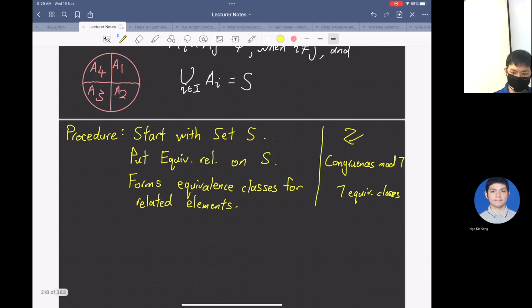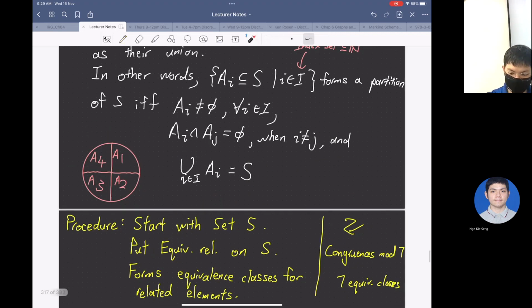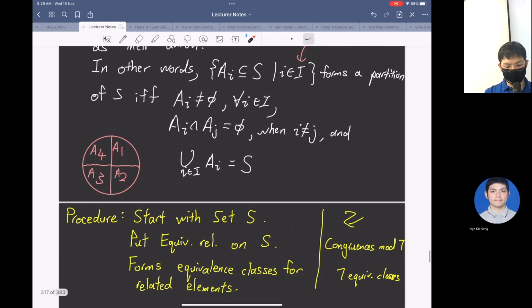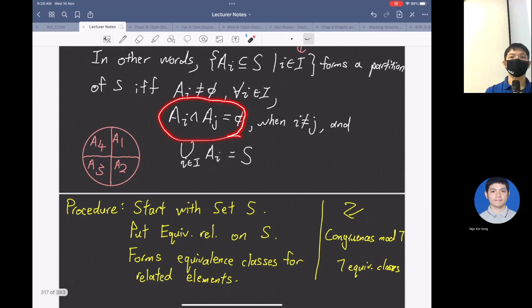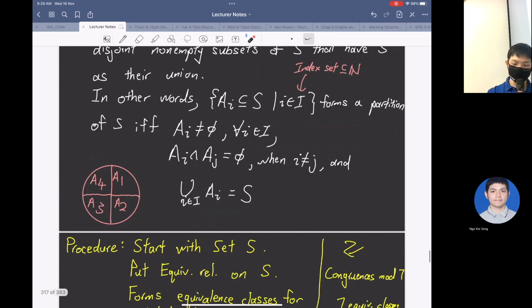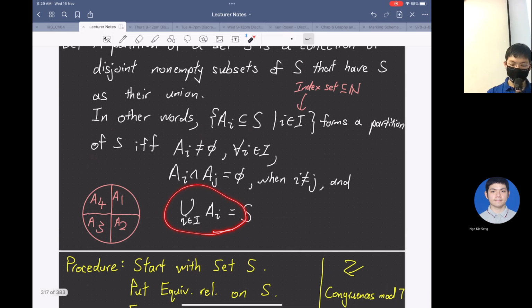That means every element in your set belongs to some subset. What you need to show is that these non-empty subsets have empty intersection. To form a partition, you need the union of the disjoint subsets to be your original set, and the intersection to be empty.